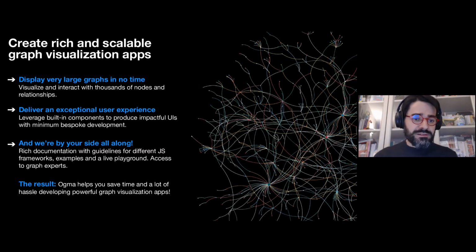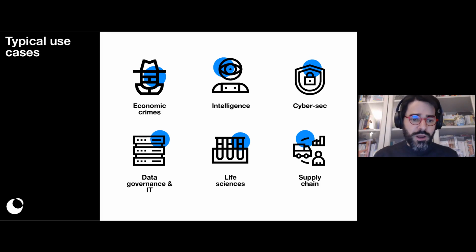And then there's the ability, with a large ecosystem of built-in components, to deliver a very rich and interactive user experience. And finally, our product experts are with you along the journey to help you succeed in your implementation of Ogma. The end result is that Ogma helps you save time and a lot of hassle developing powerful graph visualization apps. So that's it for a quick intro to Ogma.